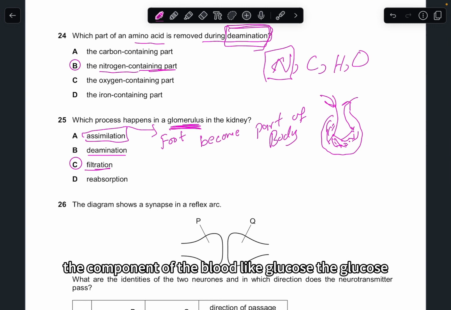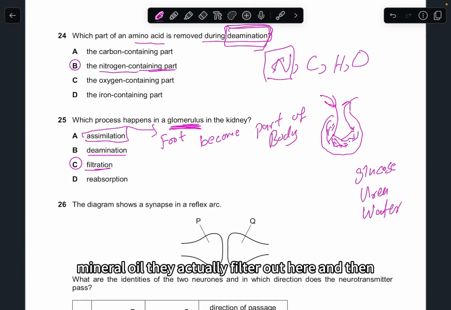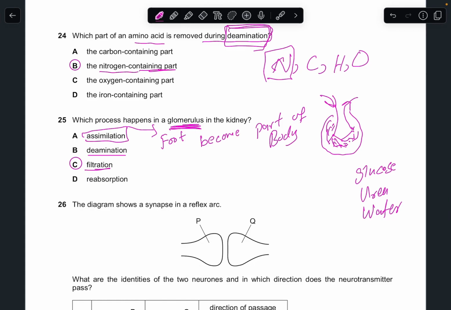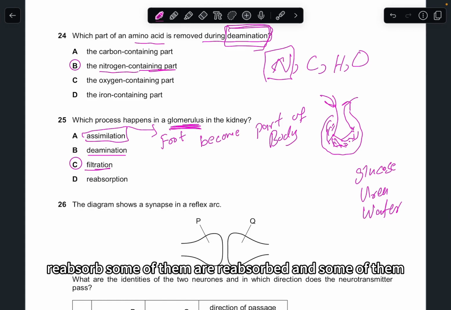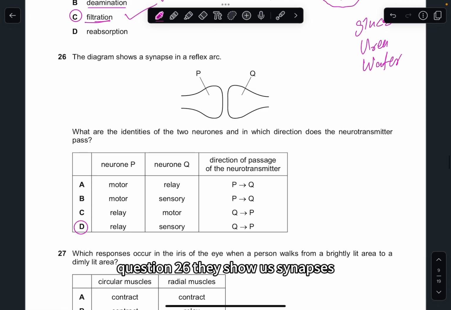The components of the blood like glucose, urea, water, and other mineral ions, they actually filter out here and then some of them are reabsorbed and some of them become part of the urine. So the answer is C.